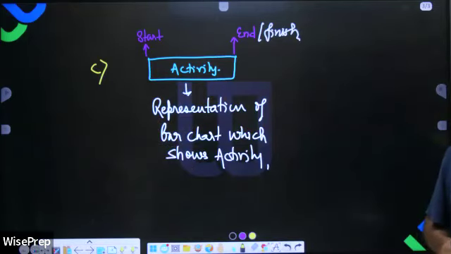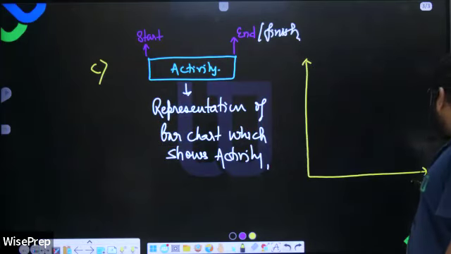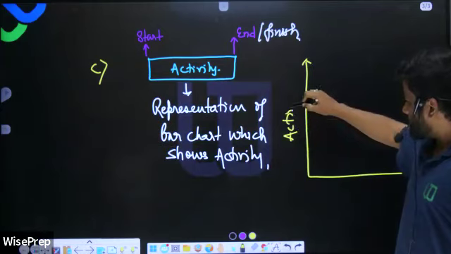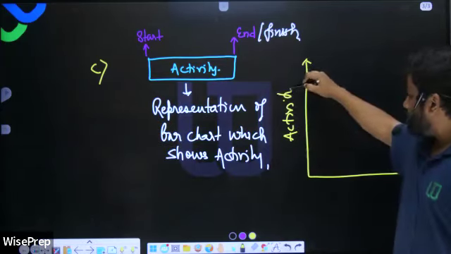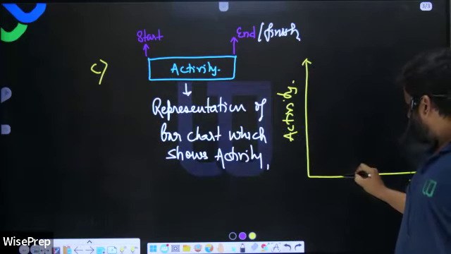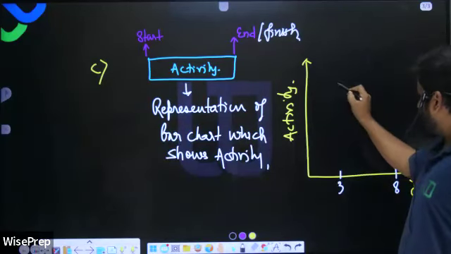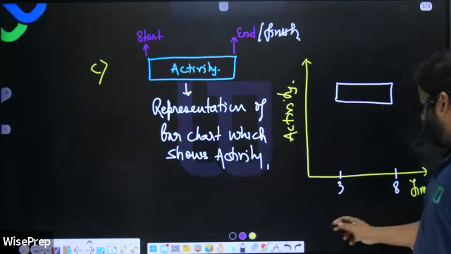Now, how can you determine the time required to complete any activity? This is time and this is activity, or any project. Suppose t is equal to 3 and t is equal to 8. So the activity starts at the third day and completes at 8 days.